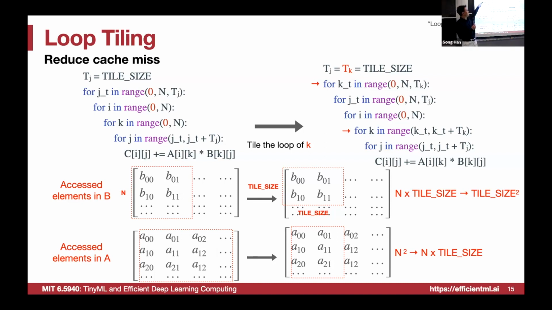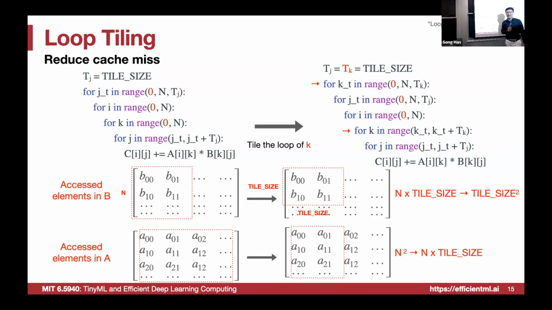So rather than these 4 for loops, we can do another level of tiling. Here we have 5 for loops. We not only tiled the j dimension, but also the k dimension. This is Tk, the tile size of k, and we put that in the outer loop where the step size is not 1 but Tk.